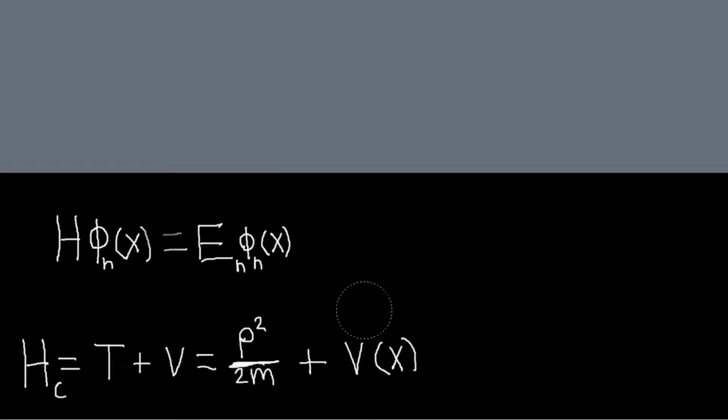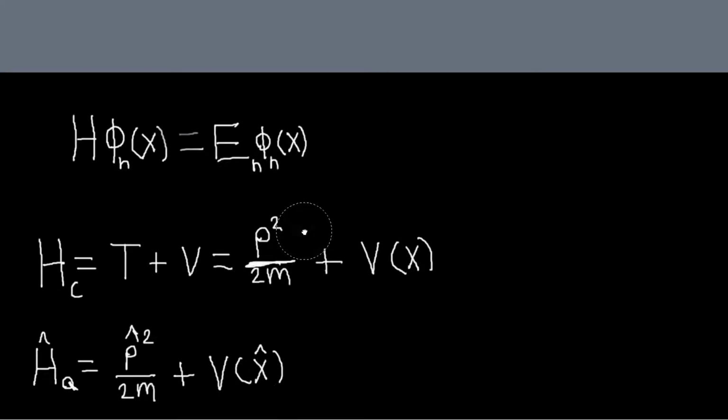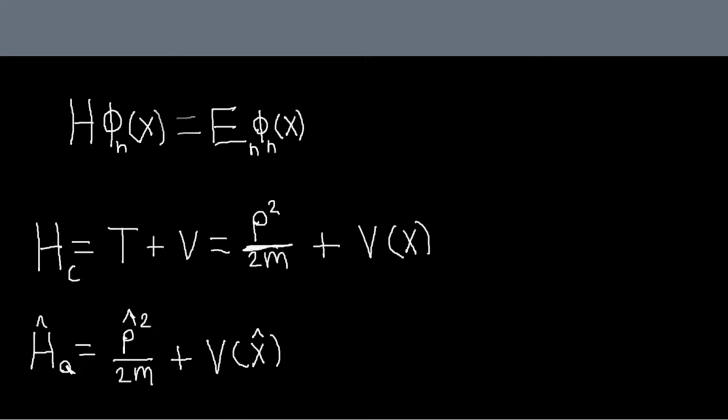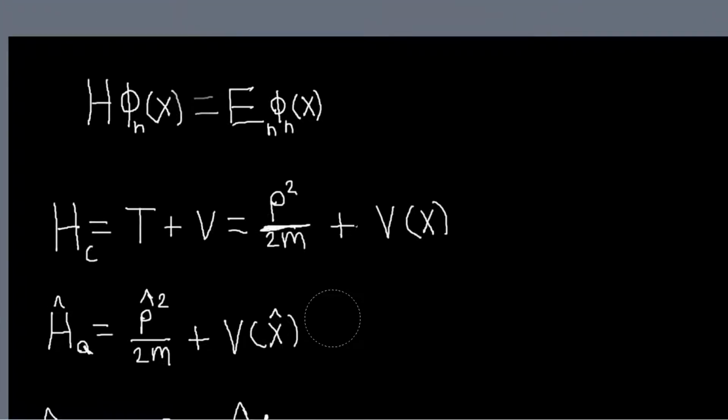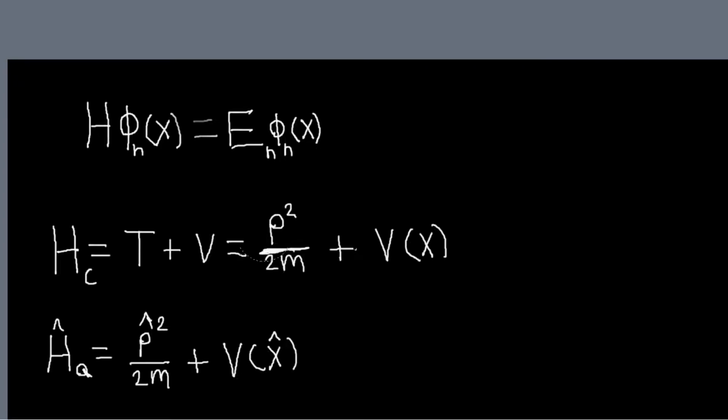And p and x are both observable quantities, so there should be operators corresponding to both of those things. So we just assume that our quantum Hamiltonian should be exactly the same kind of thing, only they're operators rather than just variables.